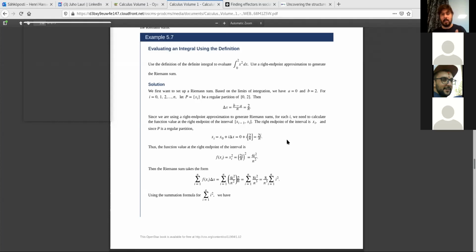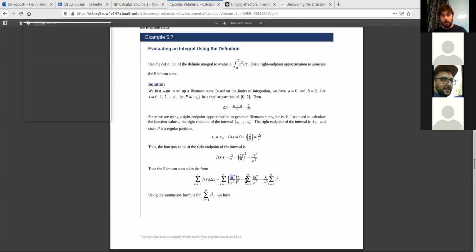In this case, we start with 0, and xi is at 2i over n. Then f at xi will be xi squared, so that'll be 4i squared over n squared. If we take the Riemann sum, we find f of xi, that's 4i squared over n squared, times 2 over n.